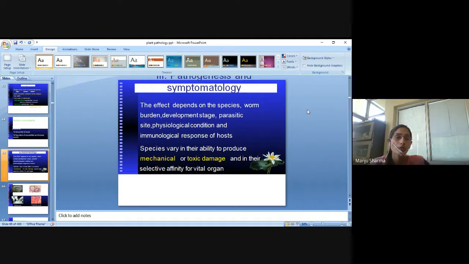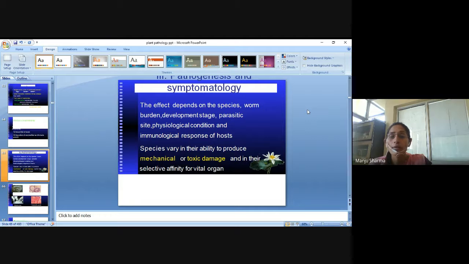Then the symptomatology of nematodes. The effect depends on the species, worm burden, development stage, parasitic site, physiological condition, and immunological response of the host.